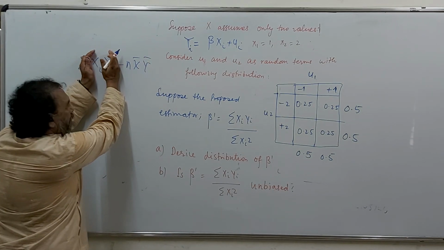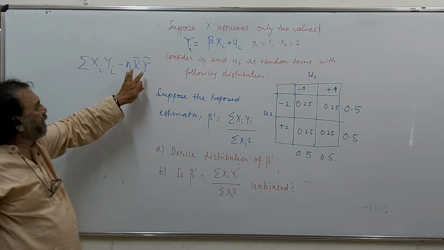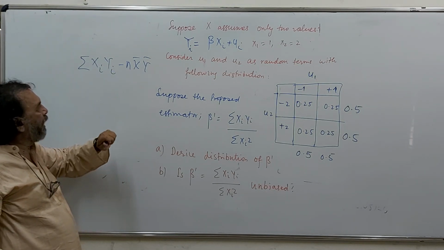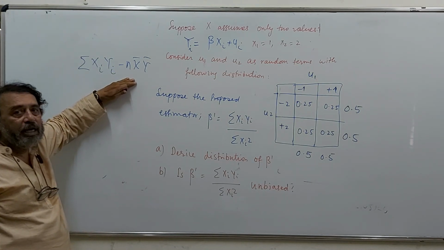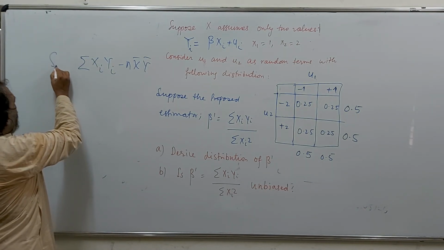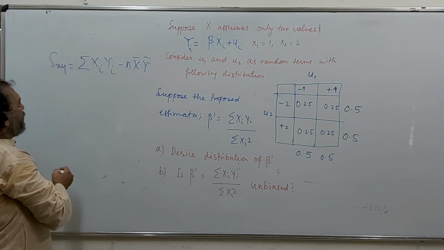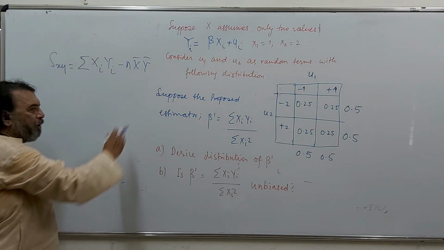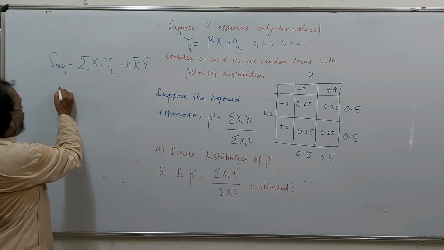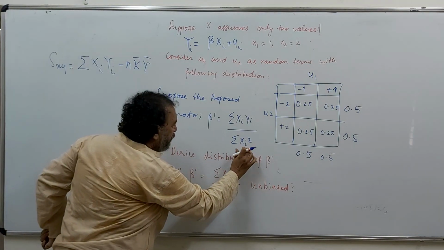So this is a product term, and this is a product of means, and we are doing it for n values, so n times that. This is what we call covariation. In the older notation that we had employed for this purpose was something like this. Now this whole thing divided by n will give you covariance.